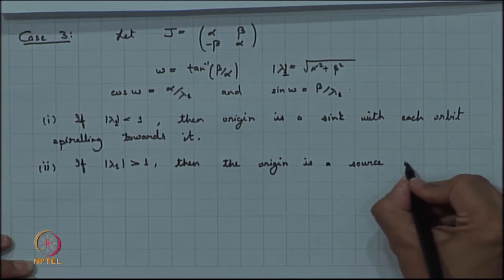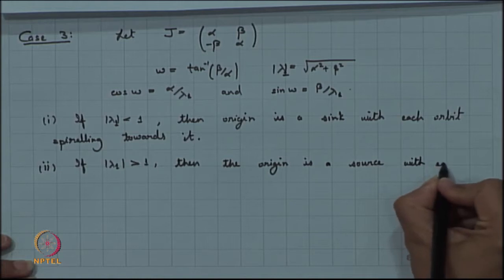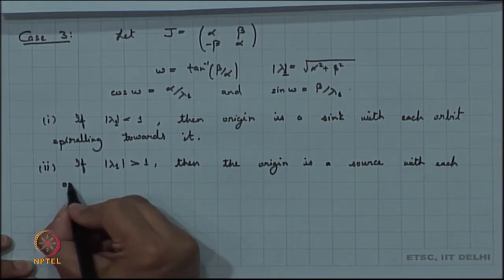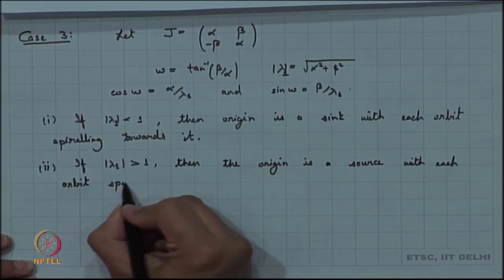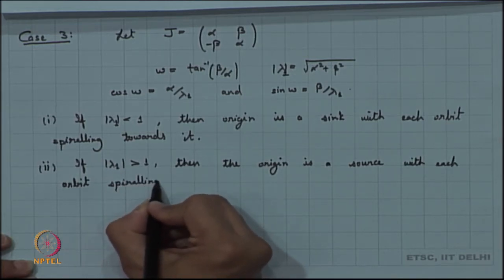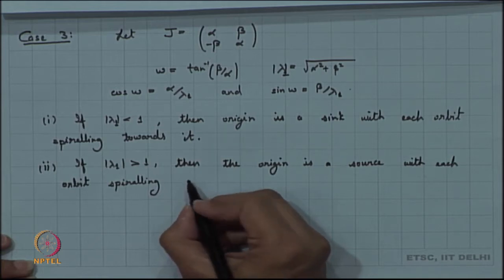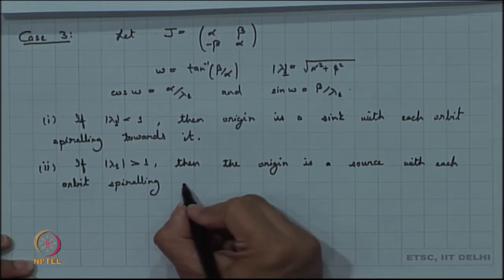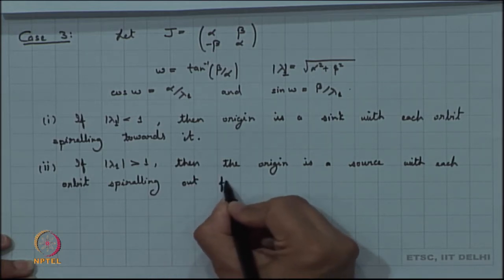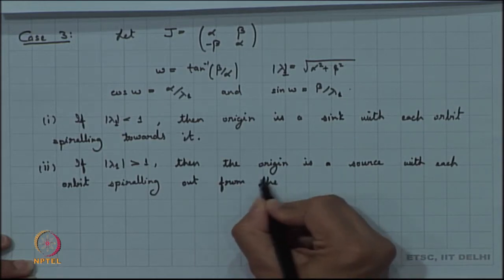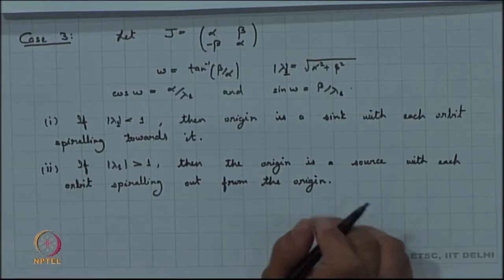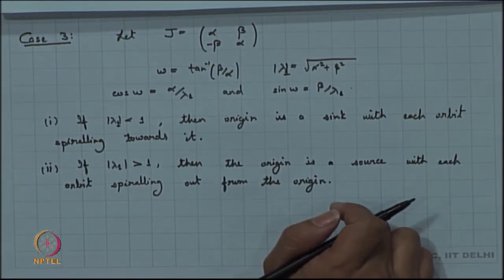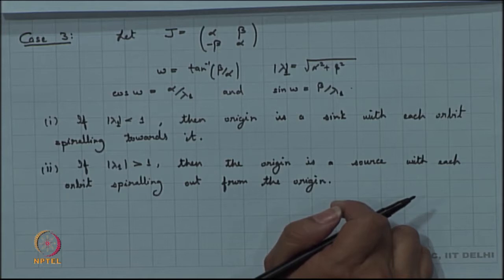with each orbit spiraling out from the origin, or I could say that each orbit is spiraling towards the origin, right, as n tends to minus infinity.